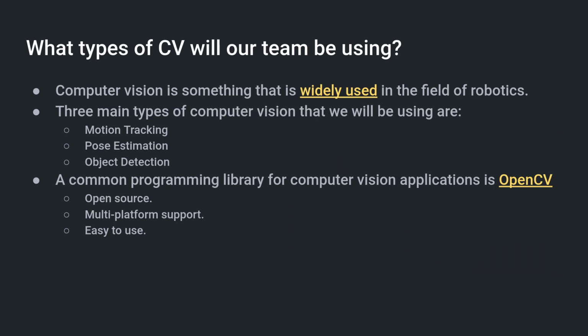So what types of computer vision will our team be using? The three main types of computer vision that we will be using are motion tracking, pose estimation, and object detection. A common programming library for computer vision applications is OpenCV, and we are currently using this library. We're using it because it's open source, it's supported on multiple platforms, and it is fairly easy to use.